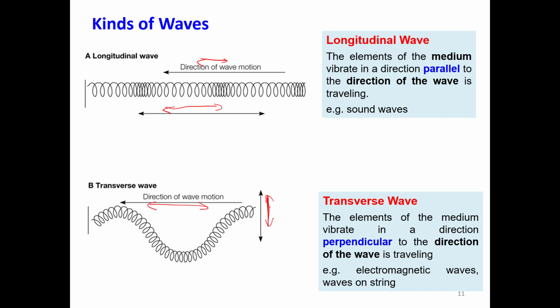Then it's 90 degrees. They are perpendicular. Some examples of longitudinal waves are sound waves, and some examples of transverse waves are electromagnetic waves, or waves on a string, like we saw in the previous video.